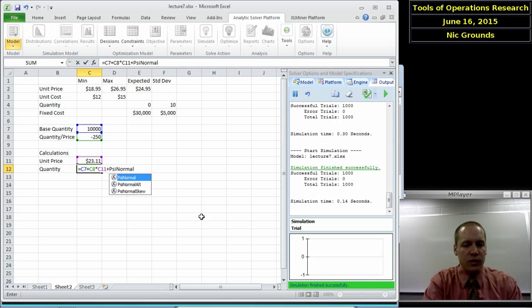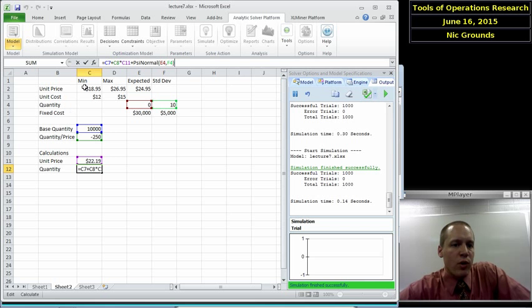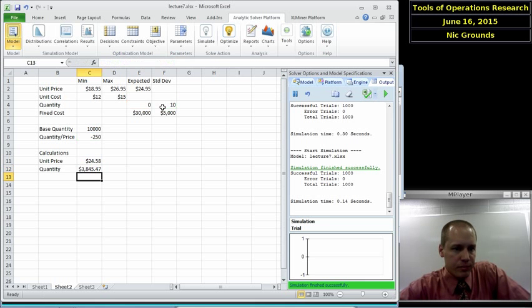So PSI normal, and the first parameter is the mean value, expected value. The second parameter is the standard deviation. So let's just see that equation one more time. Literally we've computed quantity as base 10,000 minus 250 times the unit price that we've simulated, the unit price randomly chosen here, plus a normally distributed random value with mean 0 and standard deviation 10.